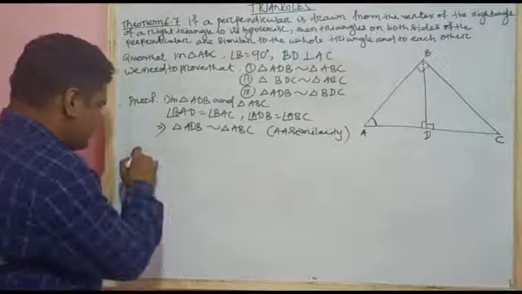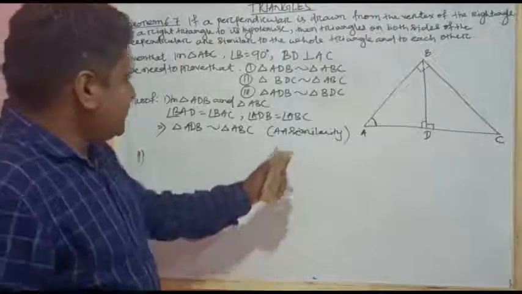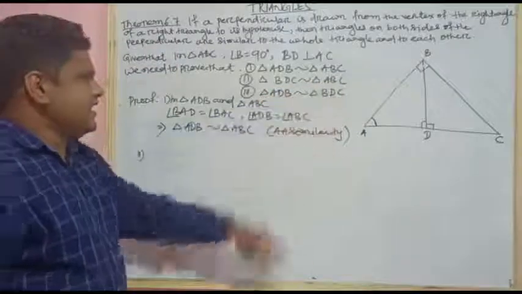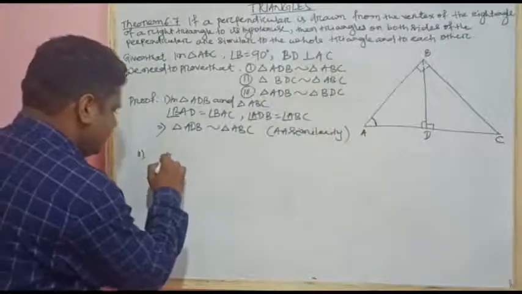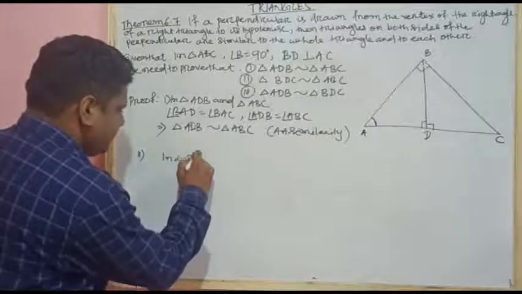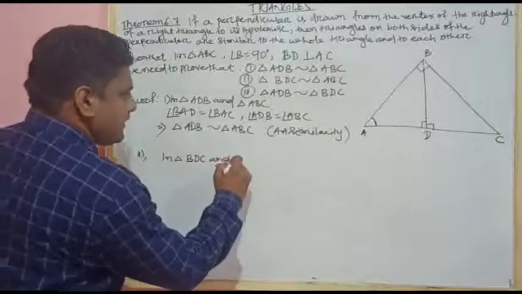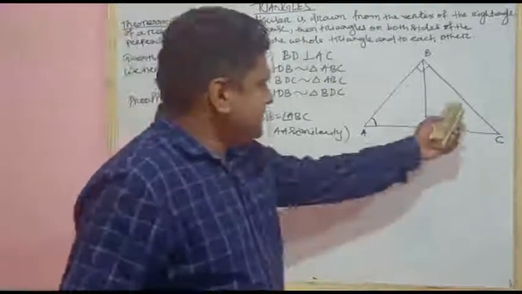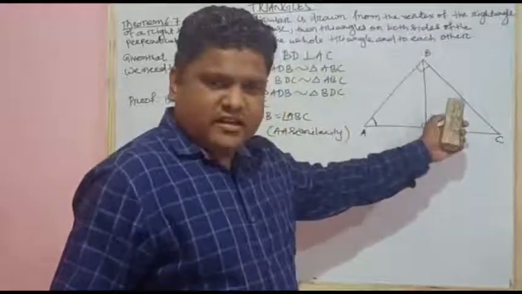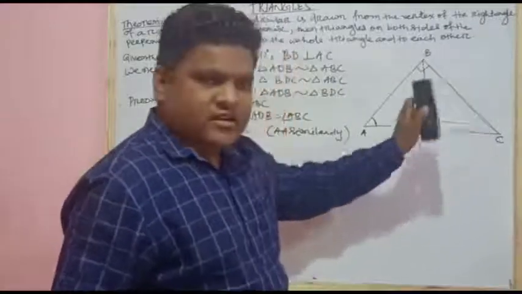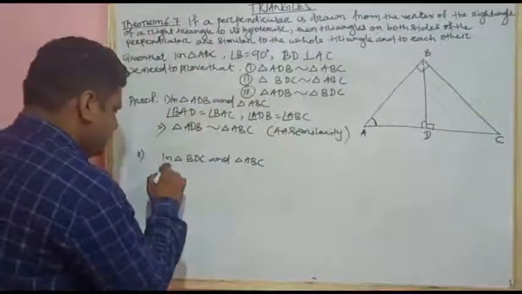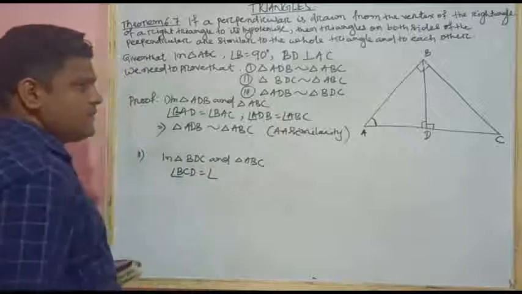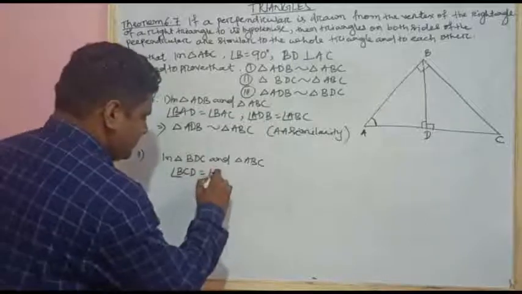Second, we have to prove triangle BDC and triangle ABC are similar. In triangle BDC and triangle ABC, see here BDC is this triangle and ABC is the whole triangle. Angle C is common for both the triangles, so we can write angle BCD is equal to angle ACB.